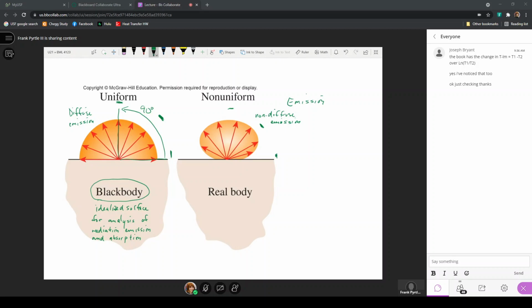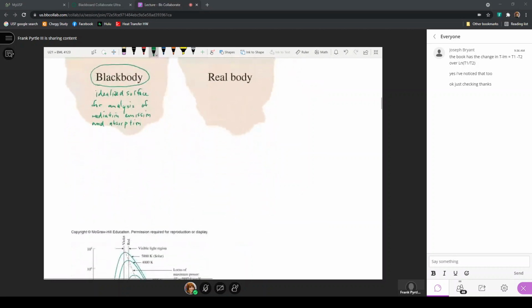So when we're calculating or measuring heat fluxes, we have to consider that there's a directional component that is going to affect what the value is for that measured heat flux.